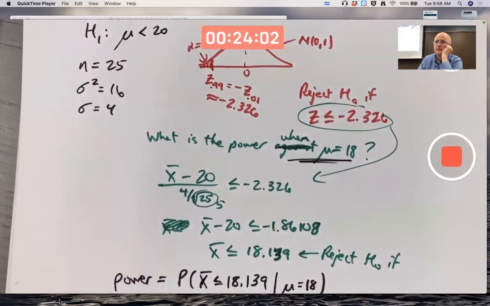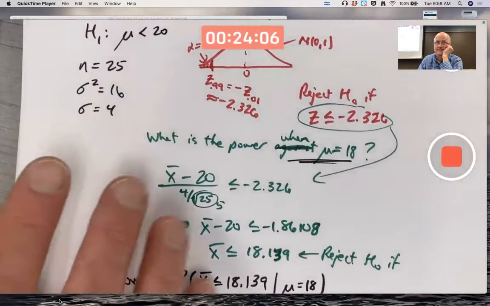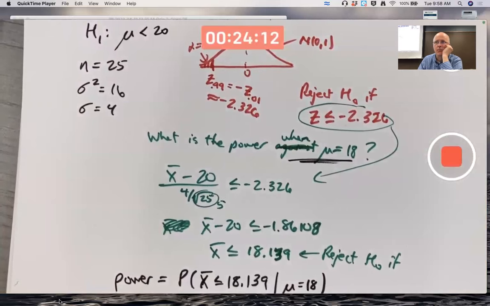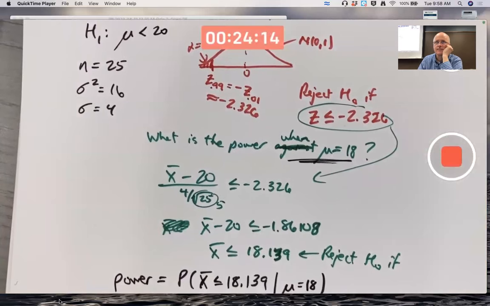Compute a p-value using a t-statistic, using S sample standard deviation. I think I have a sense of homework problems like that. And confidence intervals too.